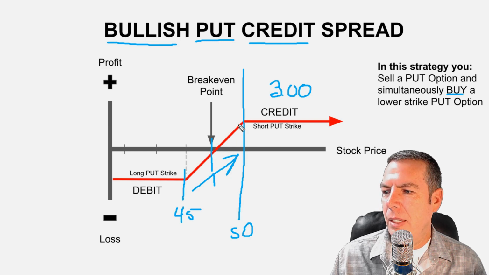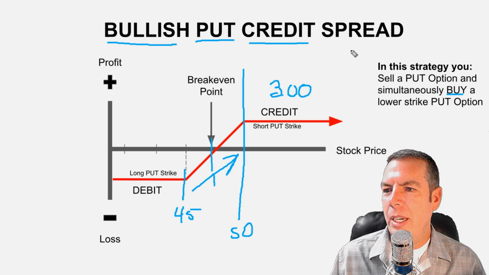So we'd want that stock to stay above $47, and that way we would be breaking even on that. But to keep that full $3 or that $300 on our put credit spread, we'd want it to stay above our short strike of 50 in this case.